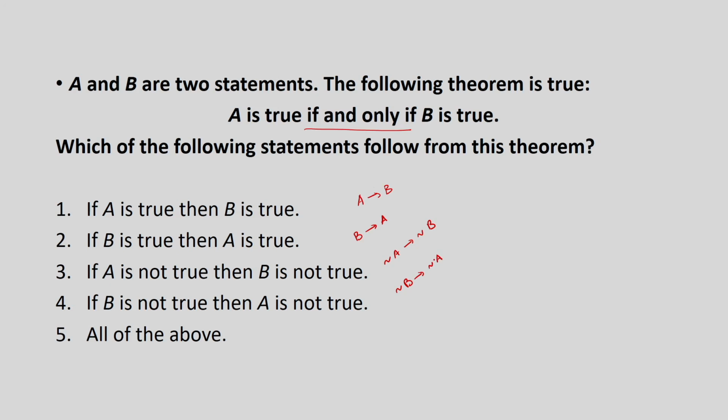All of these actually follow from this theorem. Therefore, I have to choose the last option, because if I choose 1, then that is just partially correct, because 2, 3, 4 are also true, right. So, fifth is the correct option, that is, all of the above.